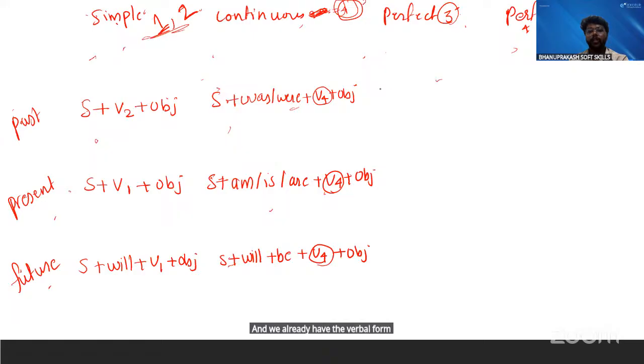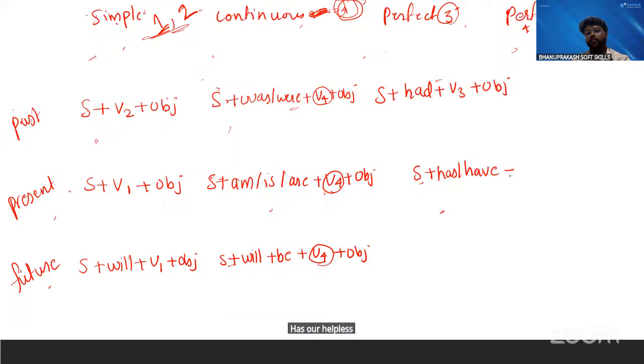So simply here you can write subject plus had plus verb form 3 plus object. This is the past perfect form. Now when it comes to the present perfect, it is subject plus has or have plus verb form 3 plus object.